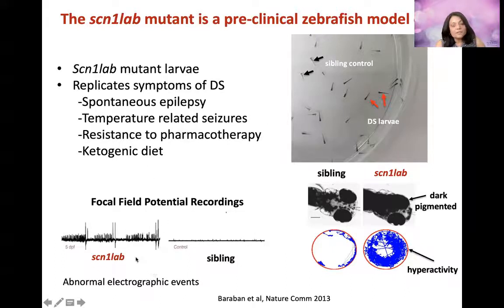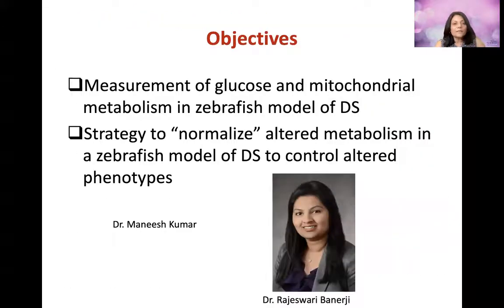As you can see on the left corner here, there's hyperexcitability that can be uncovered by assessing the field potential recordings. And there's an increase in the hyperactivity, which is the seizure-like behaviors that these zebrafish display. So important to remember is that these are larval zebrafish, and they can be easily bred and developed in lab models.